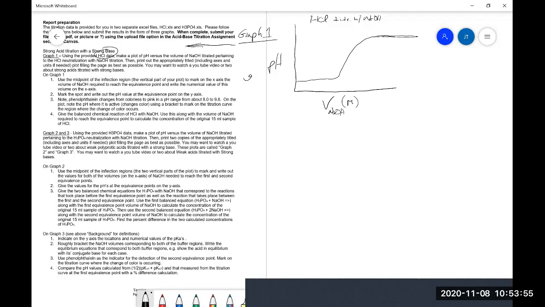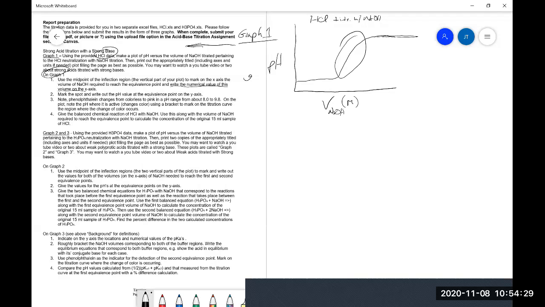That's what it says. And then it says, on graph 1, use the midpoint of the inflection region. The inflection region is where there's a steep rise in the pH. So this is the inflection region right there. It says take the midpoint in the inflection region as the equivalence point, and you're going to want to put the numerical value of the volume.